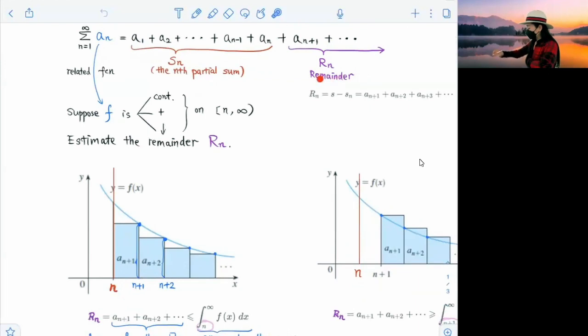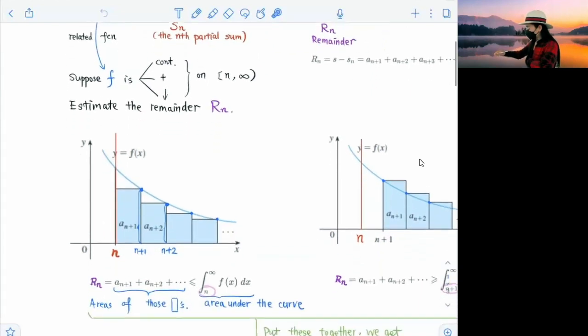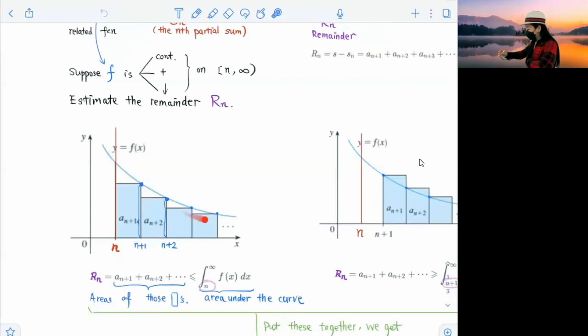Because the function is decreasing, if I use the right endpoint as the height for those rectangles, all those rectangles are going to be under the curve. The right endpoint is the lowest point.